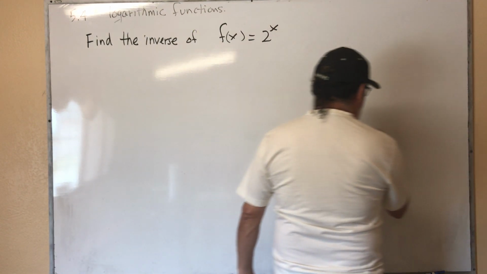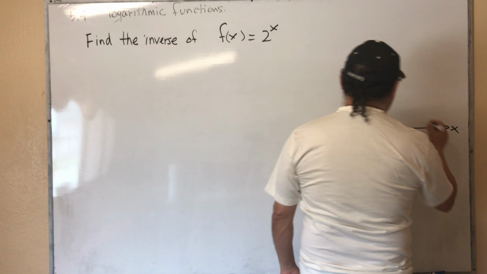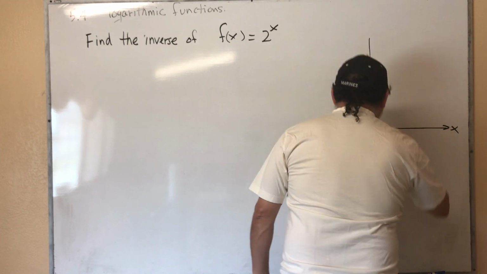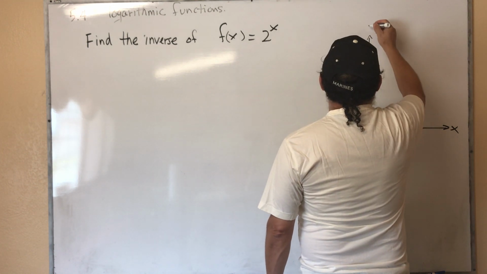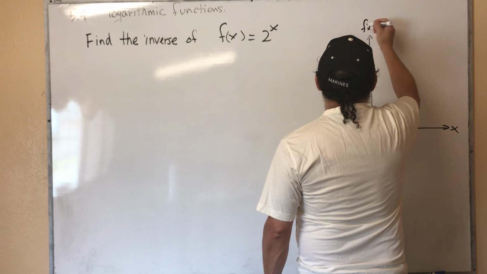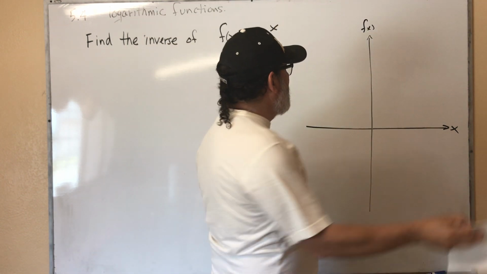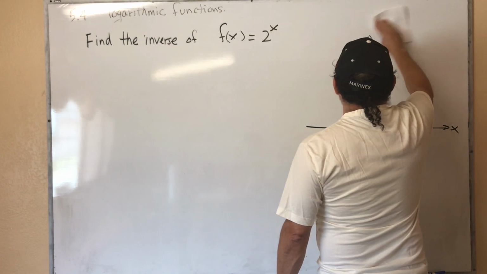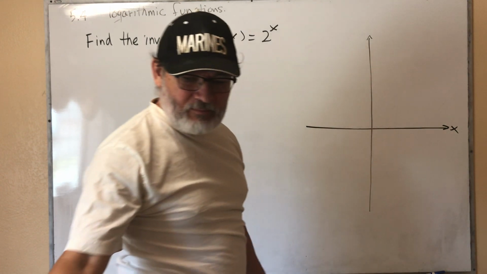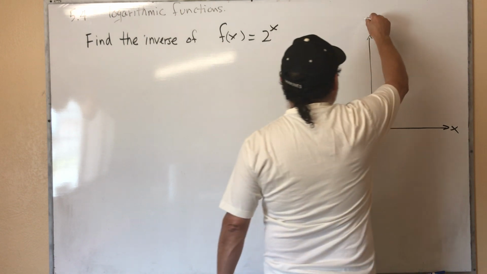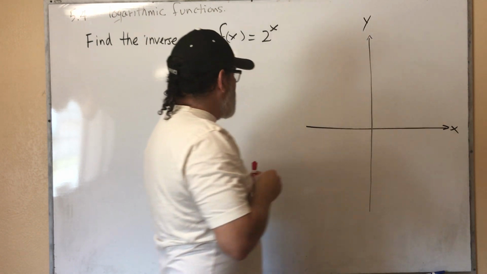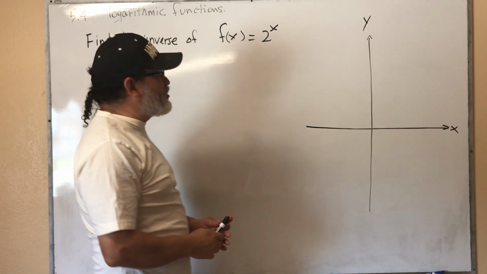So here we go. This is x, and this is f of x. I should call it, let me just say y. This is y.